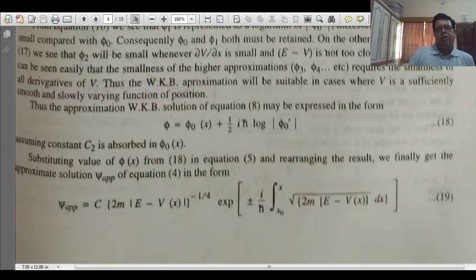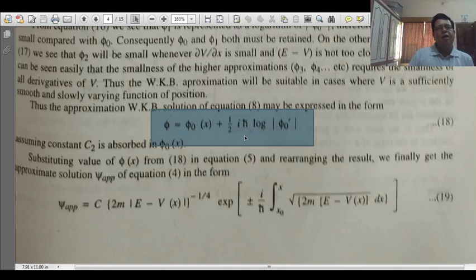Now, the WKB solution of equation 8 may be expressed by taking both terms. First term is phi 0, second term is phi 1. It is given by 1 upon 2 iota h cut log magnitude of phi 0 dash.